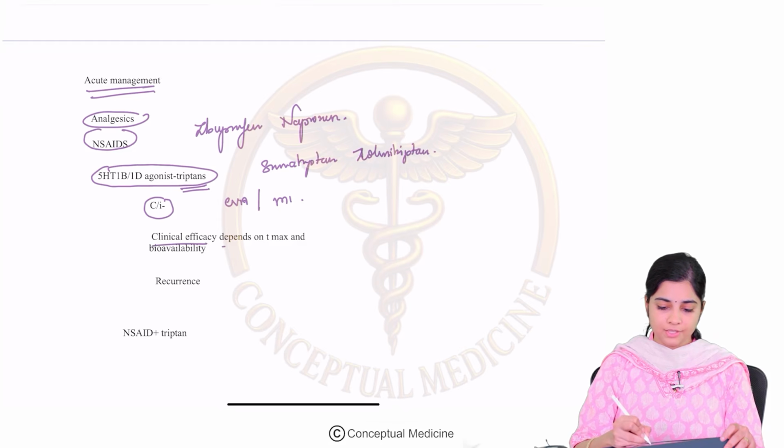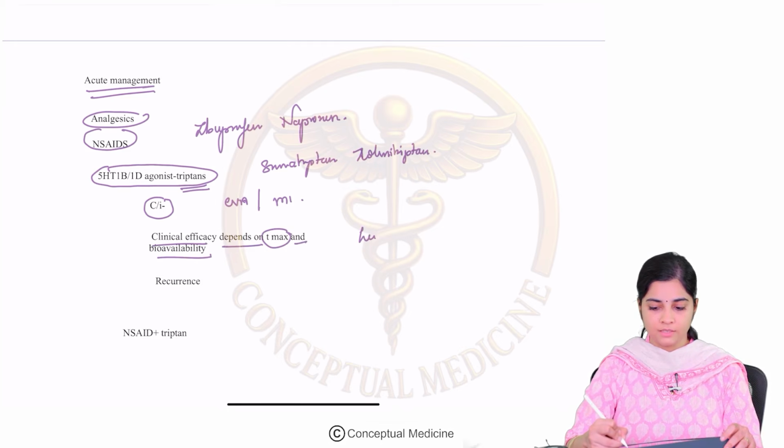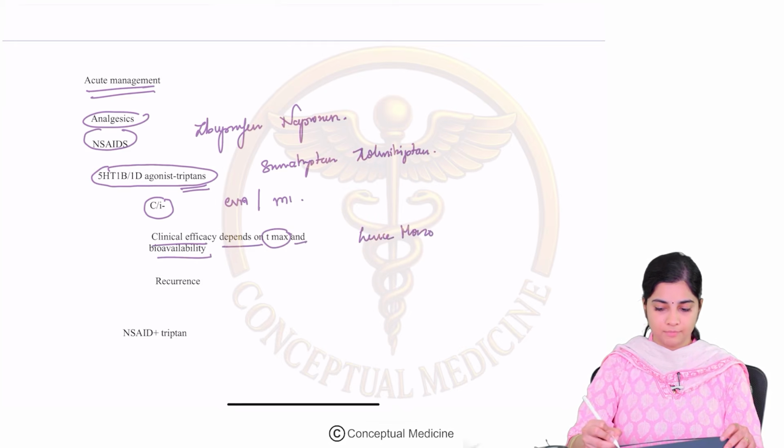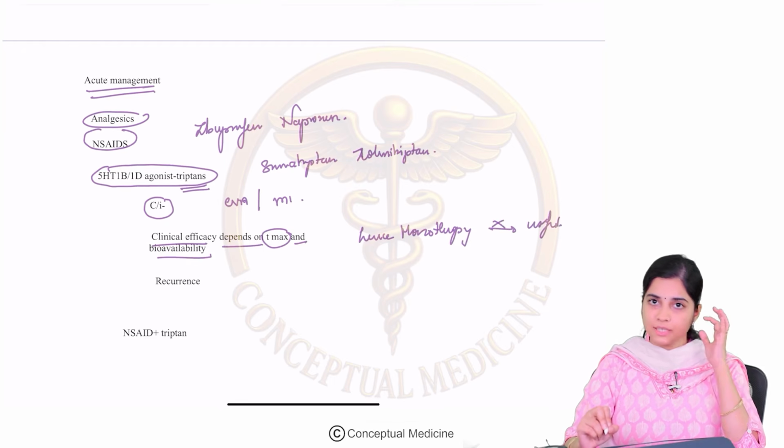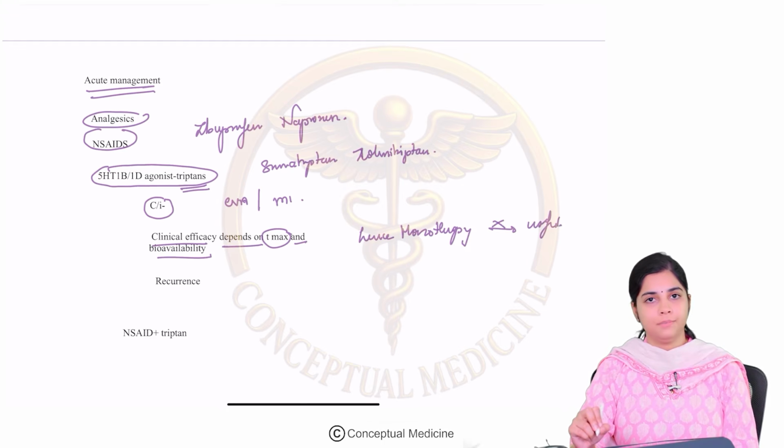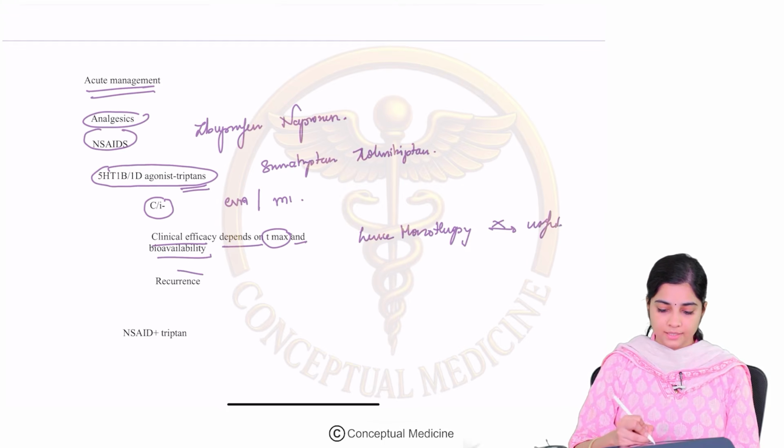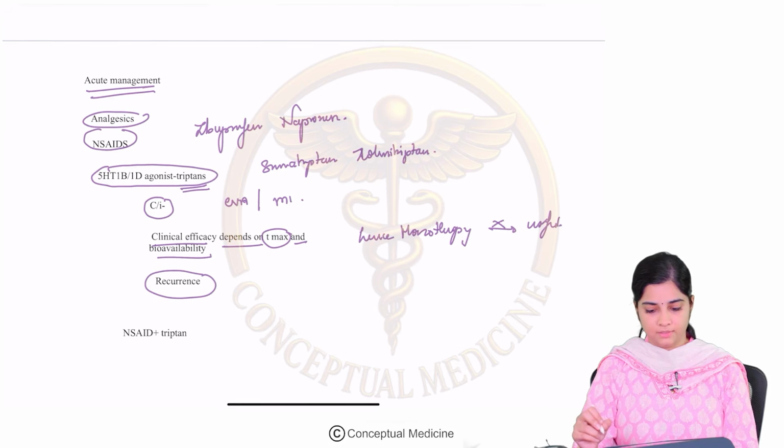The clinical efficacy depends upon the Tmax and the bioavailability. Hence, monotherapy with triptans alone has not been found to be very useful, and there is a higher rate of recurrence with these.